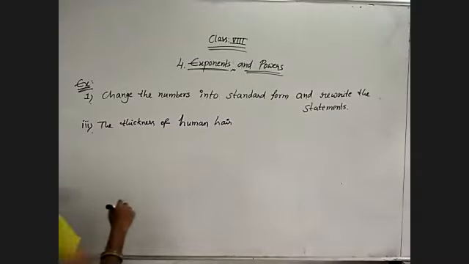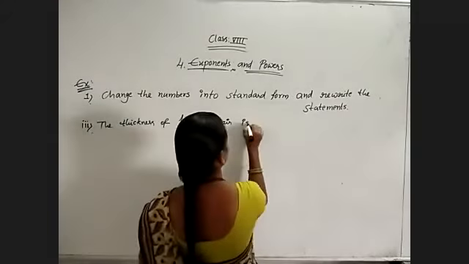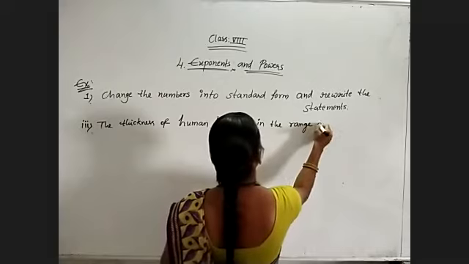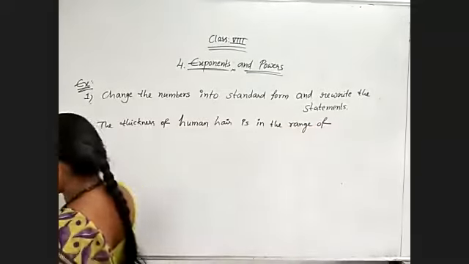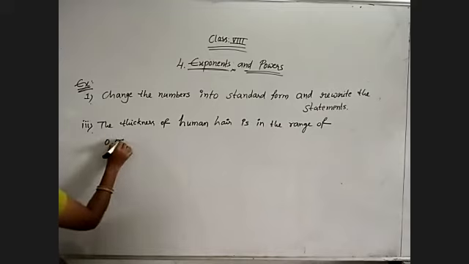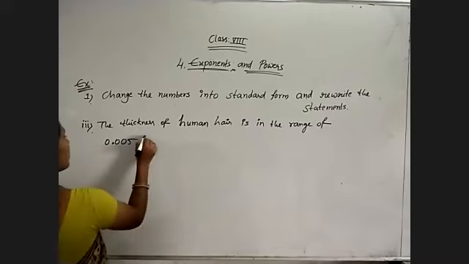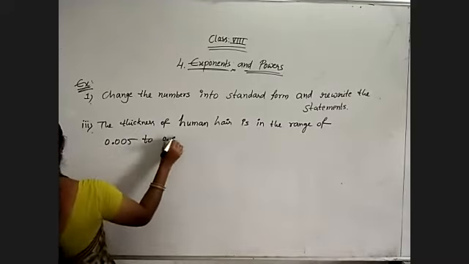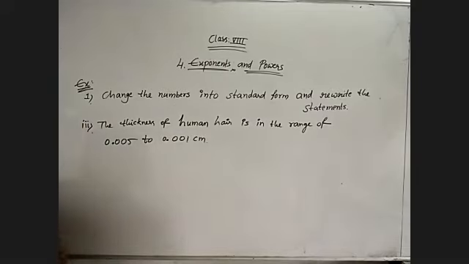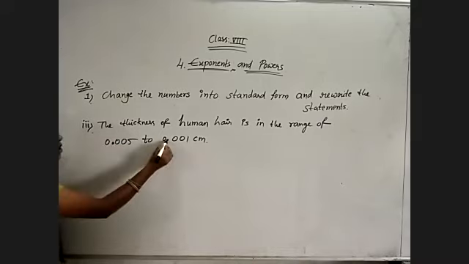Hair is in the range of 0.005 to 0.001 centimeters. In centimeters given, it is a very small unit. That's why we got decimal points here.